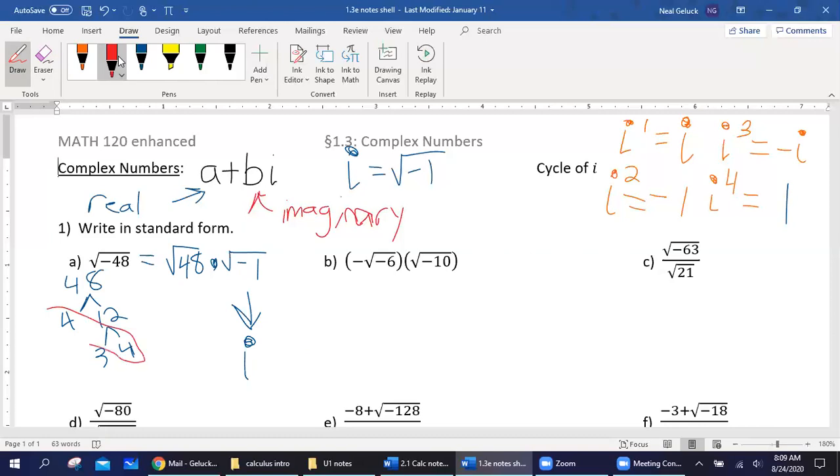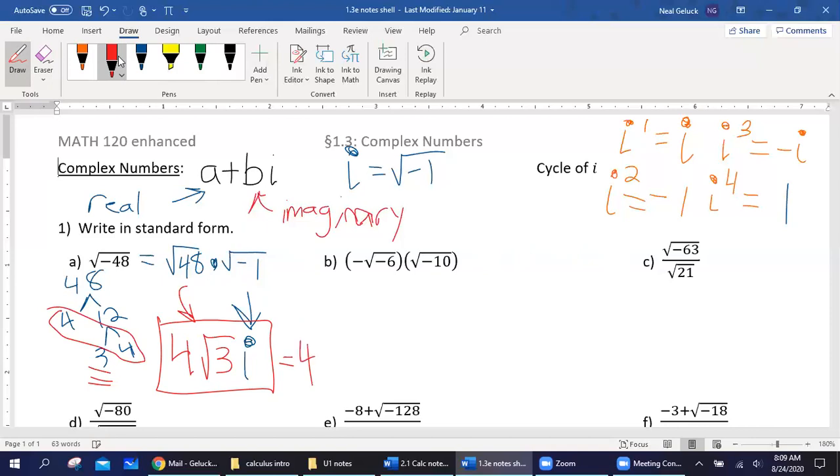I have a pair of 4s, which means I can bring the number 4 out. The 3 did not get paired up. And again, this is stuff you've done before. So square root of 48 is 4 root 3, but I also had that i on there. So 4 root 3 i. Now, just so you know, sometimes some people like writing it this way.